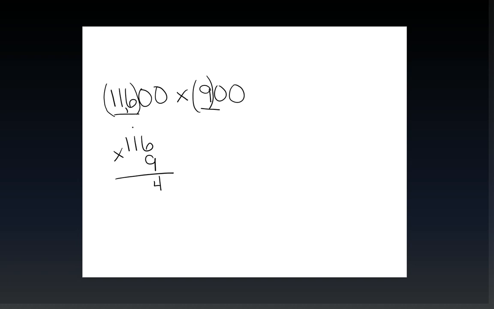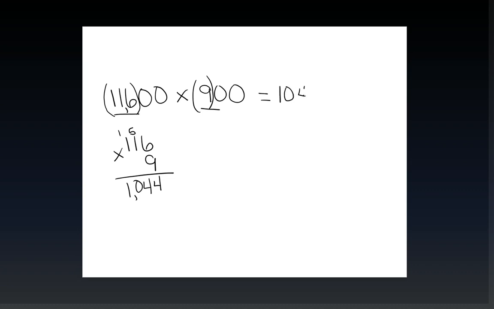Put my 4 and I carry my 5. 9 times 1 is 9. Add my 5 is 14. Carry my 1. 9 times 1 is 9. Add my 1, 10. So 116 times 9 is 1,044. So I'm going to write that over here.